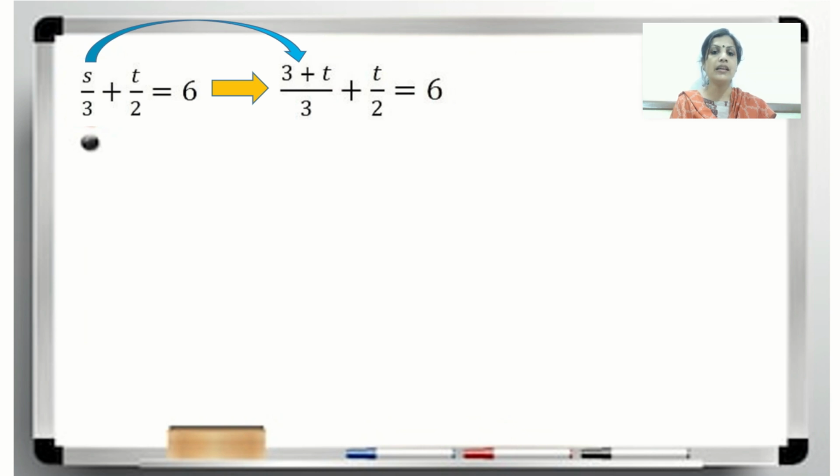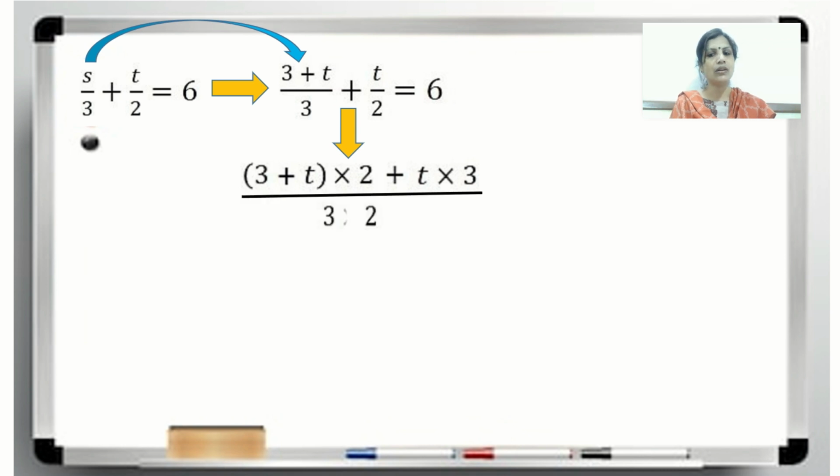How will you do that? We will cross multiply: (3 plus t) into 2 plus 3 into t, upon 3 into 2, is equal to 6. Let's solve this. 3 into 2 is 6, 6 plus 2t plus 3t upon 6 is equal to 6.